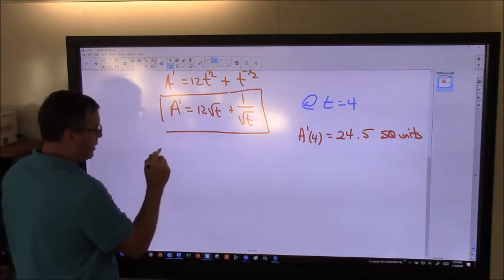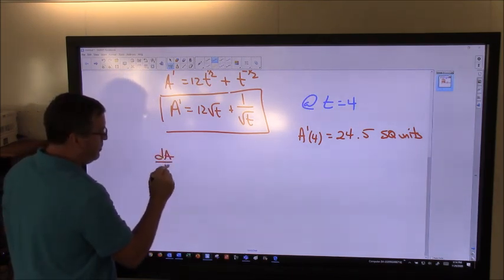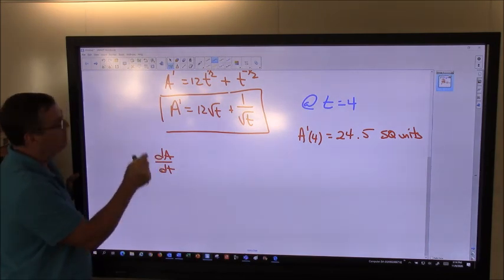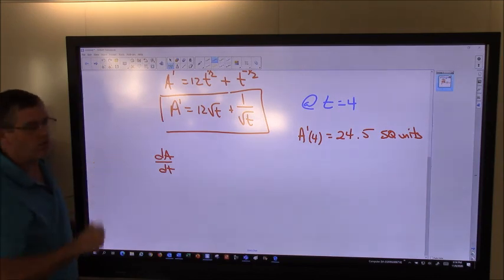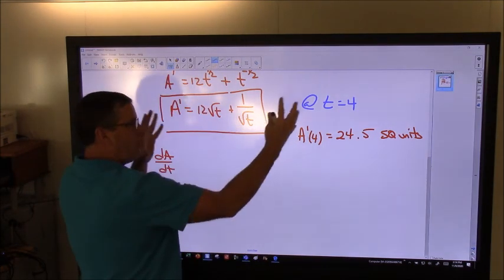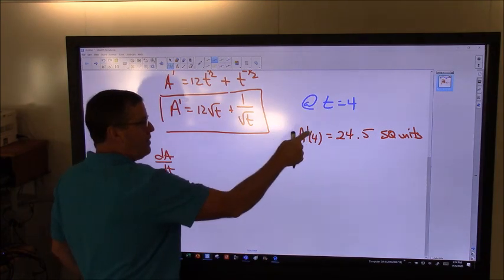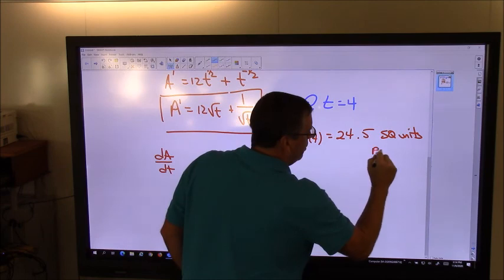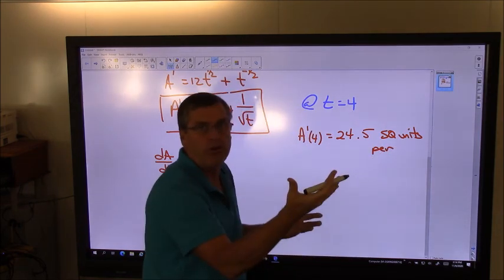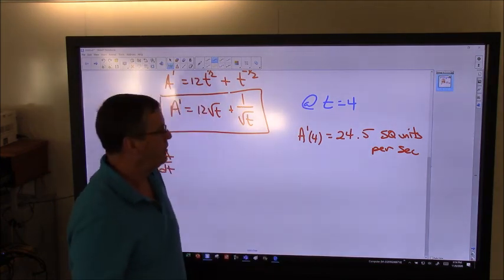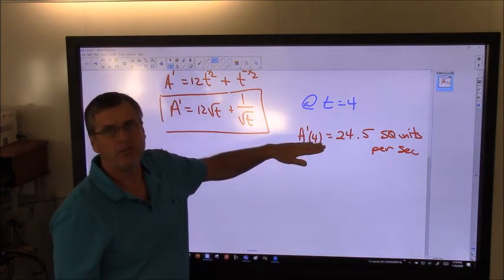Now think of it this way. dA over dt. How is the area changing per unit of time? Kind of depends on what units of time we're talking about. But what we're saying is, if this rectangle is growing, we are adding 24.5 square units per, I don't know what it is, per second, per minute, whatever, at that point in time.